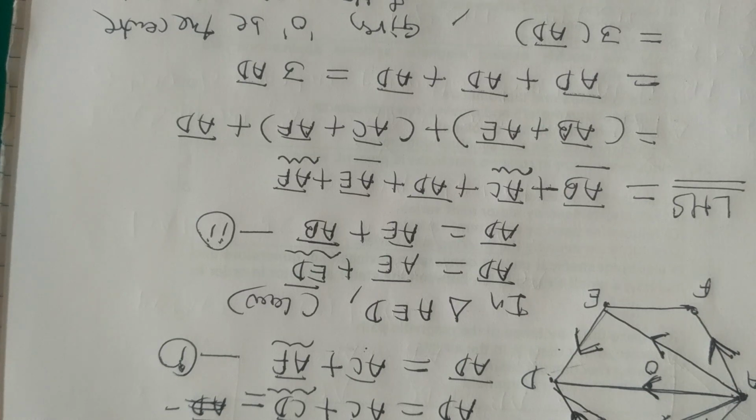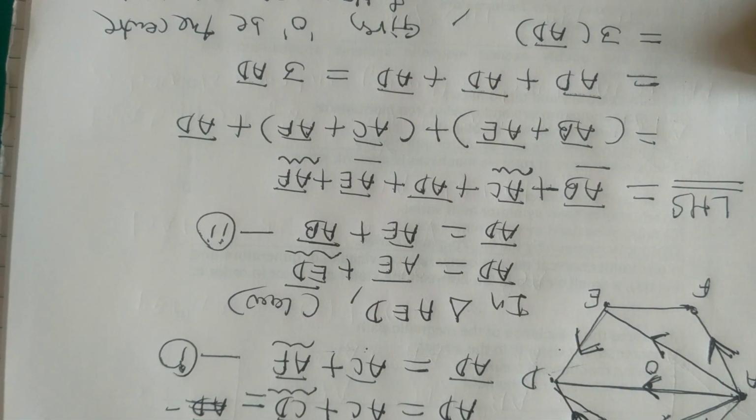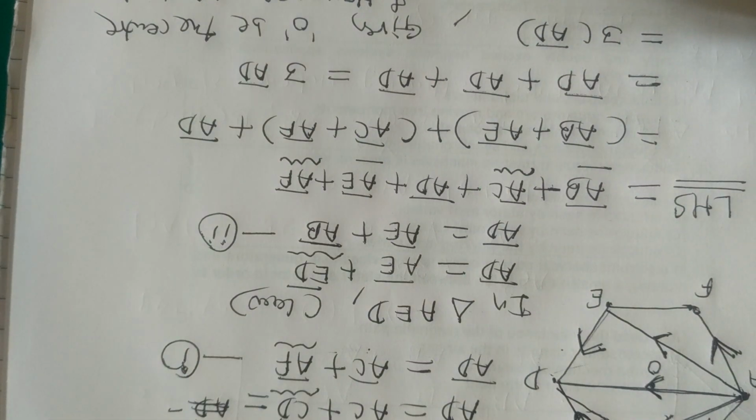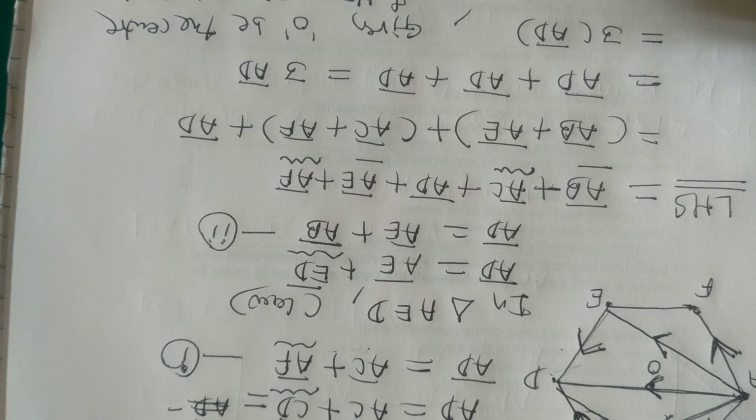Means in question 5 we take these three vectors and find the corresponding addition. Suppose we take the solution directly for this.